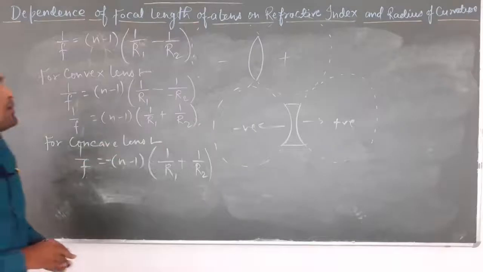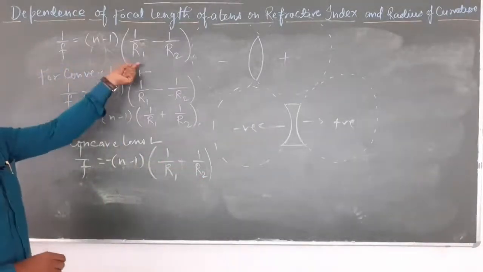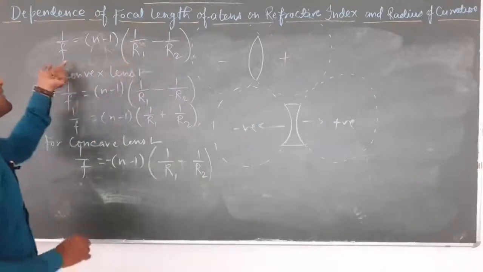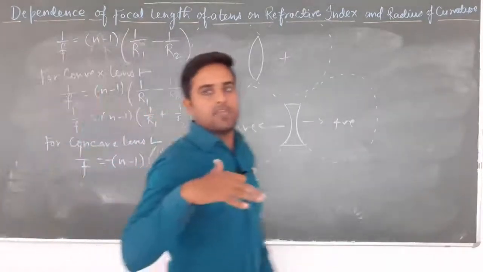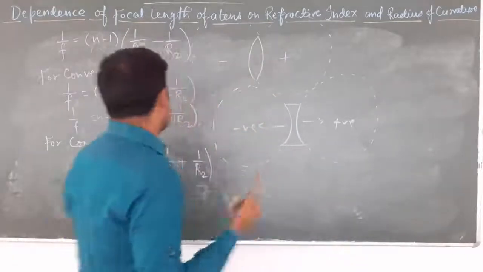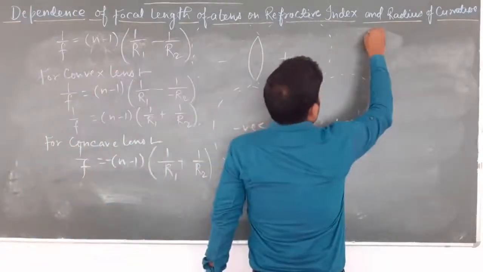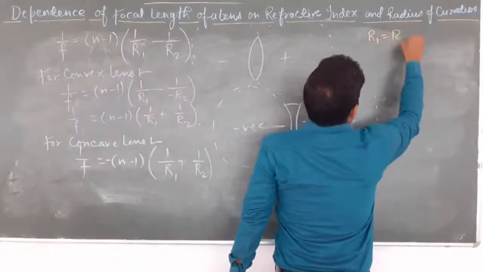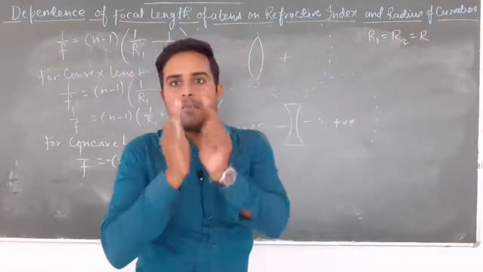Now see how the focal length depends on this. From the equation you can see that the radius of curvature is directly proportional to the focal length. It means when the radius of curvature increases, the focal length also increases. Let's see an example. Suppose R1 is equal to R2, which is equal to R, for a same-shaped convex lens.